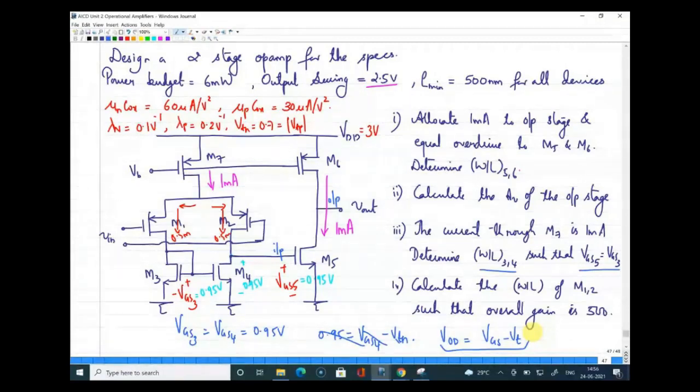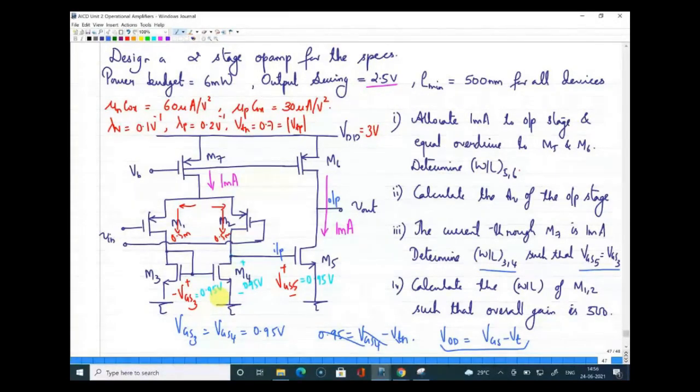Now, I am depending on the condition given in the question, I am assigning the overdrive of M4 as equal to the VGS value. Does it mean that the device is moving out of saturation? No, sir. That means the device is still in saturation.